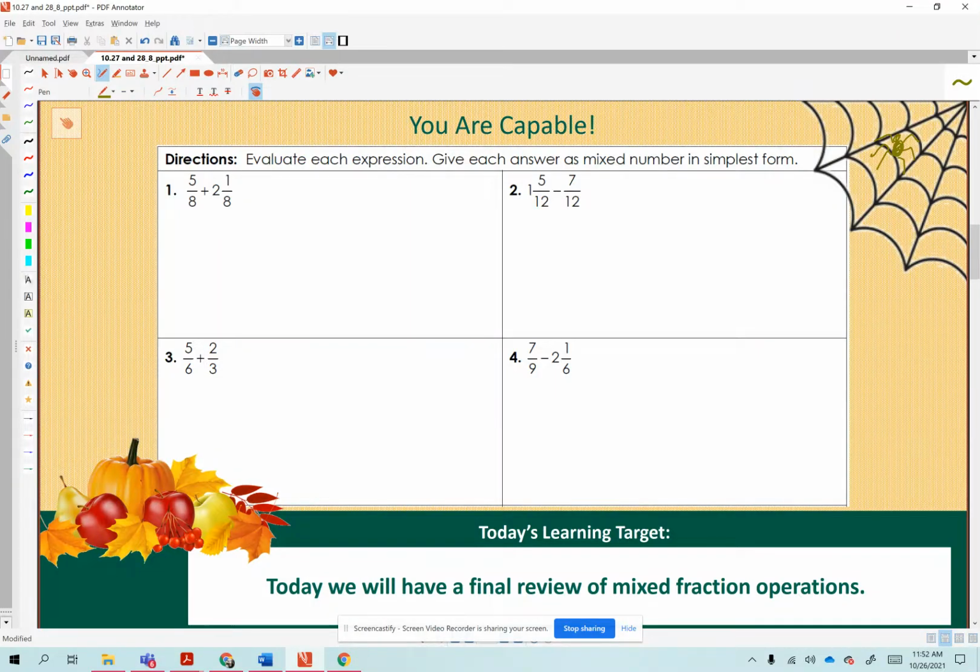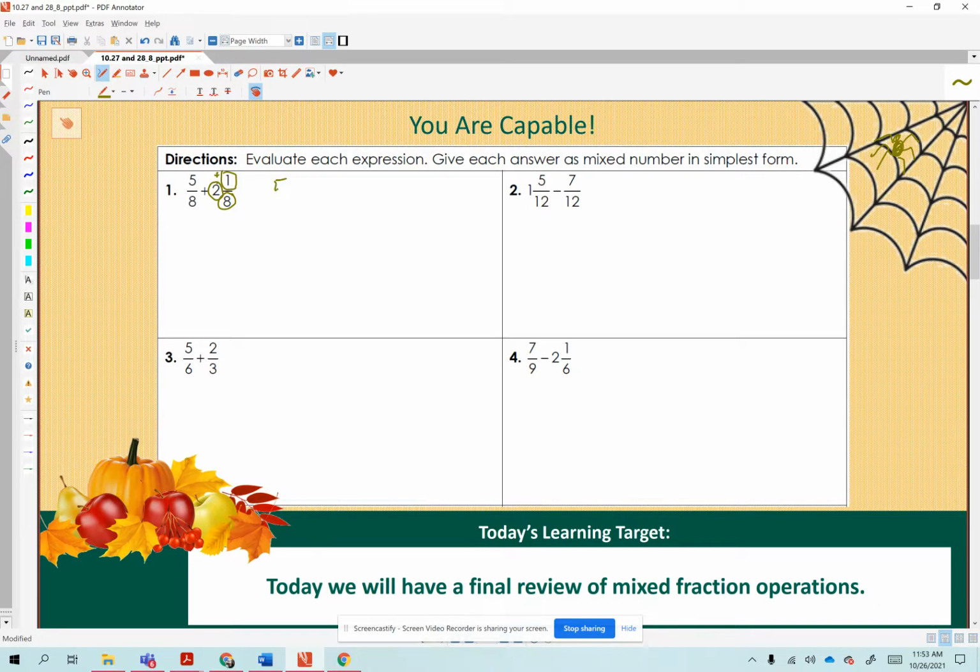So we're going to start with, looks like our first problem is addition, and it says 5/8 plus 2 1/8. So we need to take that 2 1/8 and we need to convert it to an improper fraction. So we will look at the 8 and the 2 and we will multiply them together. 8 times 2 is 16, and we will add the numerator to get 17.